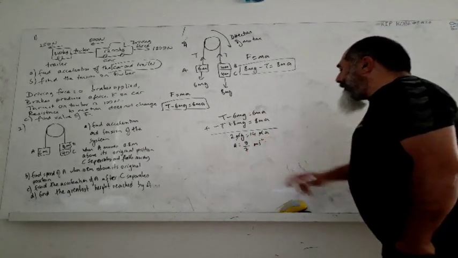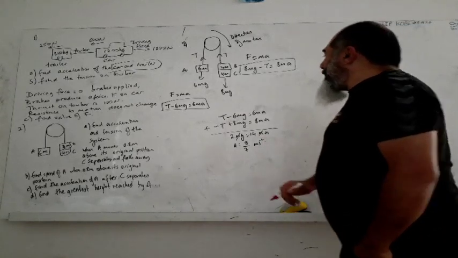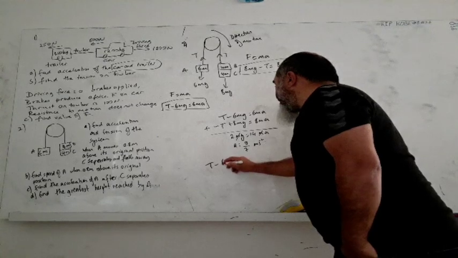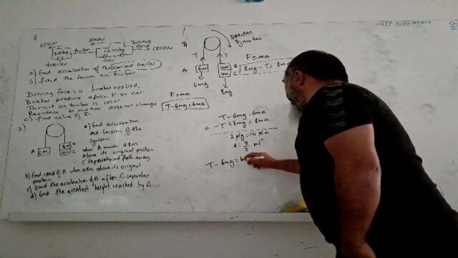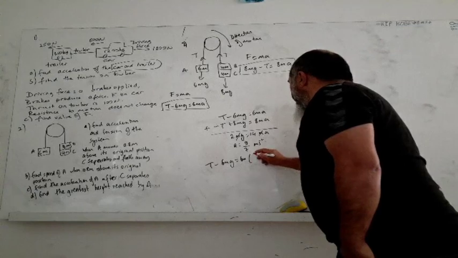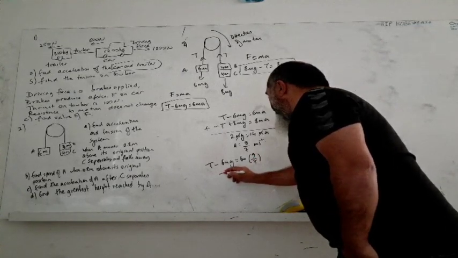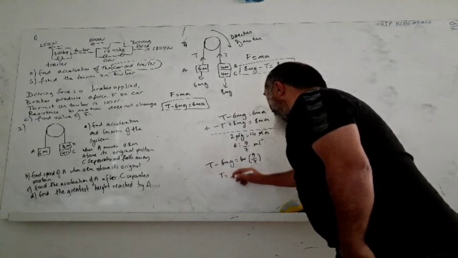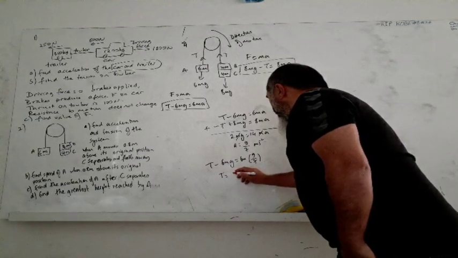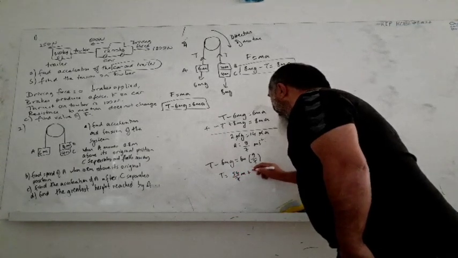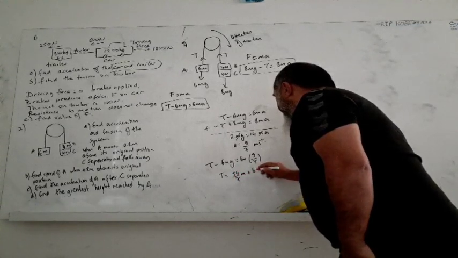Let's find the tension. Tension minus 6mg is equal to 6m times g over 7. So tension is equal to 6mg over 7 plus 6mg.